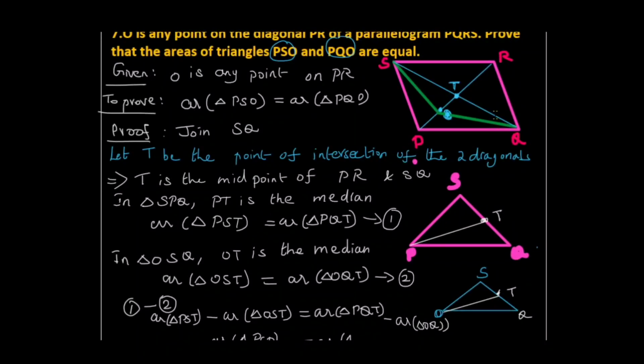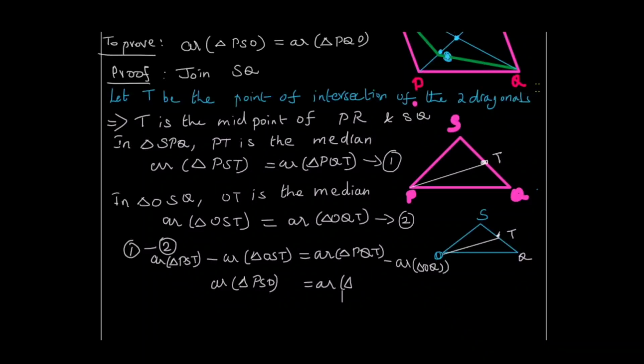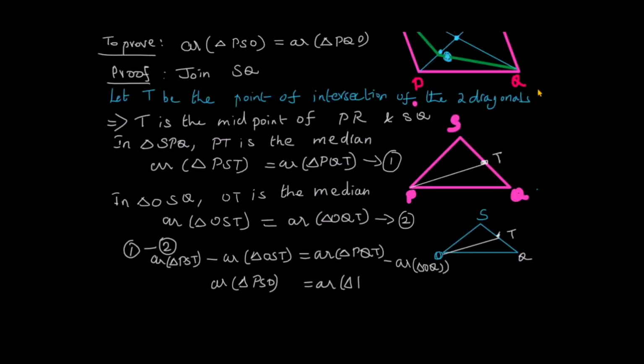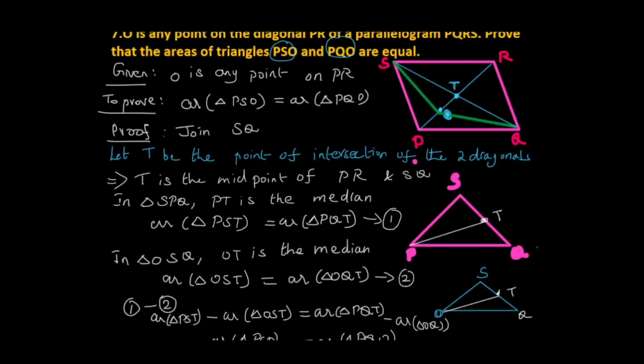In that, OQT subtracted means the remaining area of the triangle is nothing but PQO. So area of triangle PQO. So hence proved. That's all, very simple. Separate the triangles, with the median you get two equal area triangles, then subtract, and you will be getting the answer.